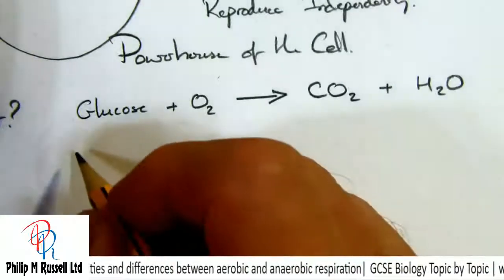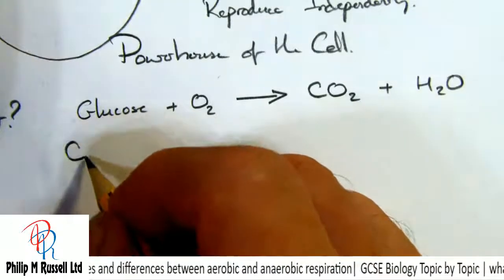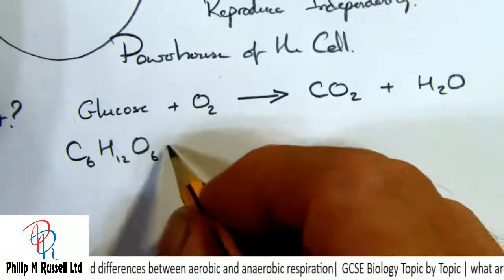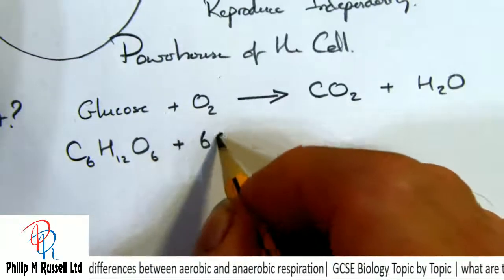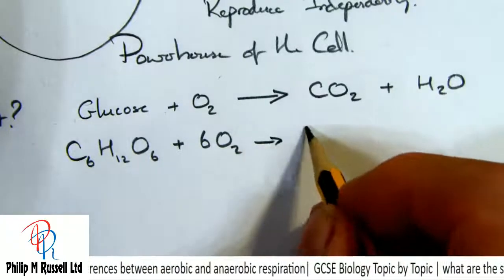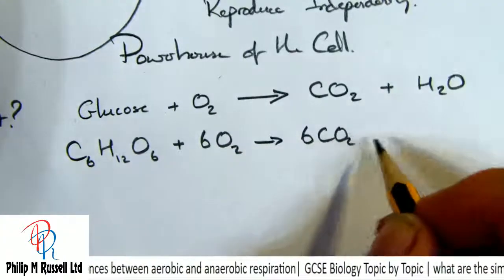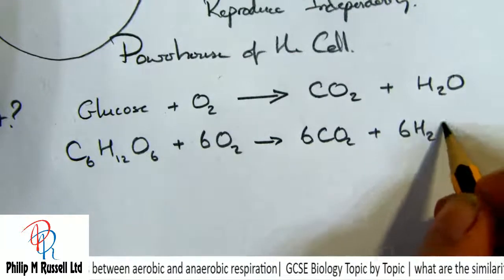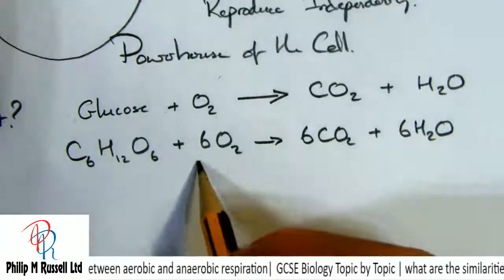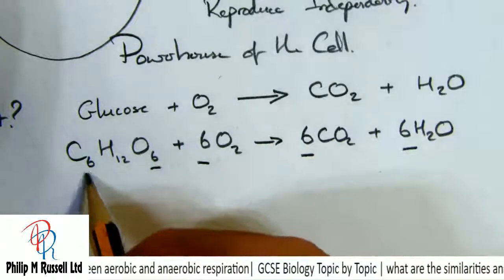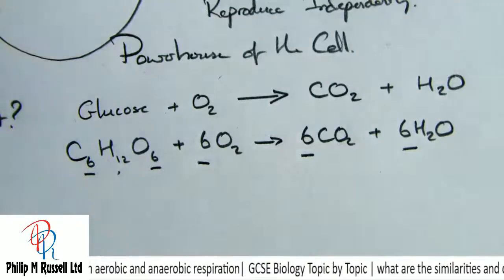Let's look at this equation. C6H12O6 plus 6 oxygens gives us 6 CO2, 6 carbon dioxides plus 6 water. It's easy to remember because it's all the sixes apart from that one, which is 12.